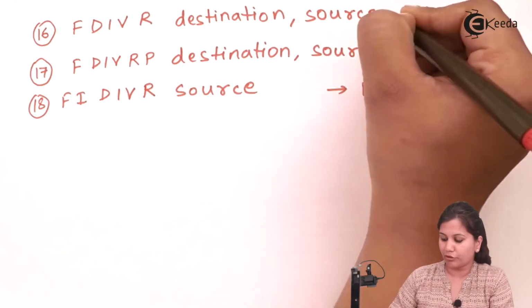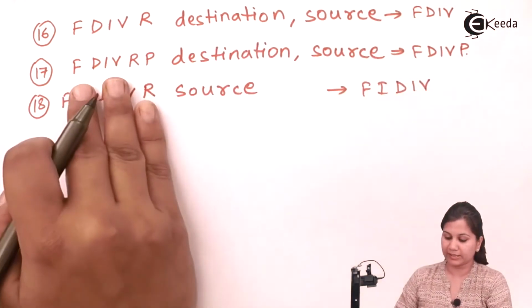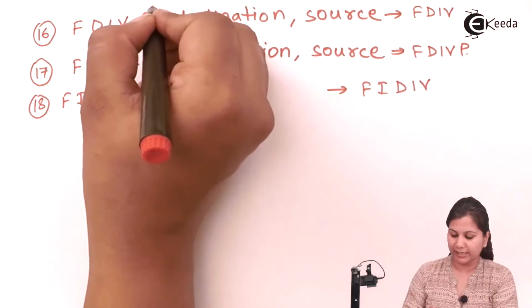They are similar to their corresponding instructions: FDIVR is similar to FDIV, FDIVRP is similar to FDIVP, and FIDIVR is similar to FIDIV. But the difference is that now the reverse action is taking place.